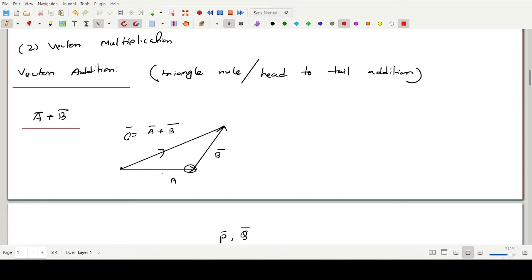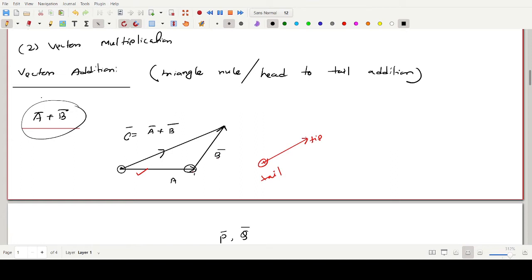We will represent a by an arrow. Then we will place the tail of b at the tip of a. Then the arrow that connects the tail of a to the tip of b represents the addition of a and b. This is the definition of a plus b.